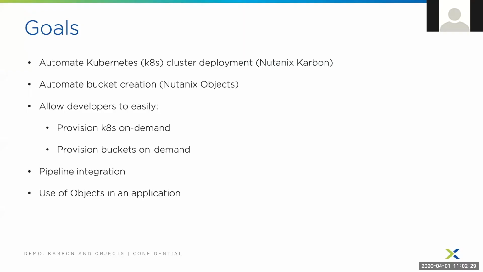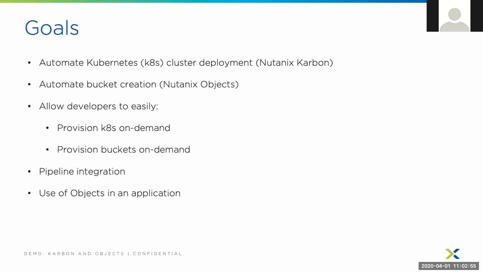So what are the goals of the demo? It was to automate a Kubernetes cluster deployment. As Nutanix, we have a product for that called Nutanix Karbon, so we chose to use that, of course. The customer also wanted to create Nutanix Objects buckets on demand, with an automation tool.